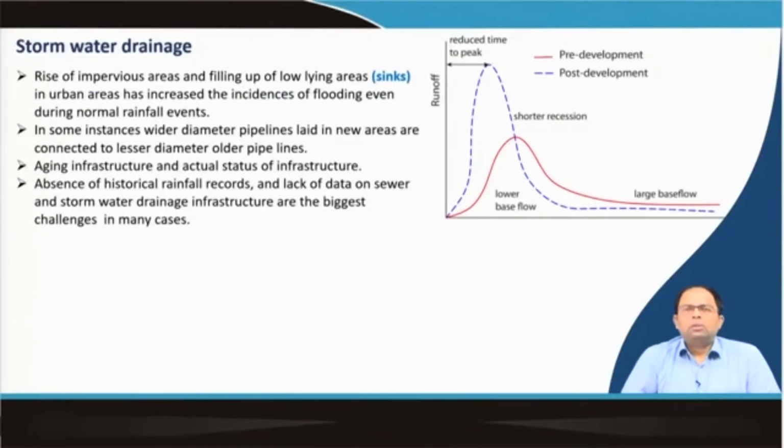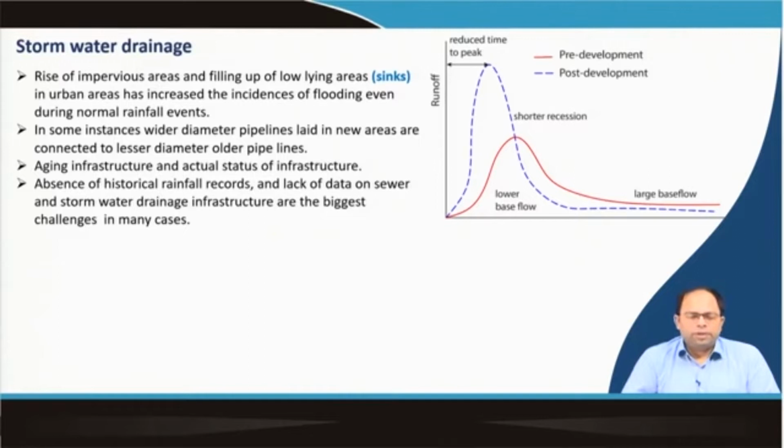So, when we talk about stormwater drainage, the main issues that we face in our urban areas are the rise of impervious areas and also the filling up of low lying areas or sinks. That means this has not only increased the volume of runoff that is generated in an urban area, but also reduced the time it takes for runoff to travel from the point where the rainfall falls on that catchment to the point where it is collected in that particular drainage channel.